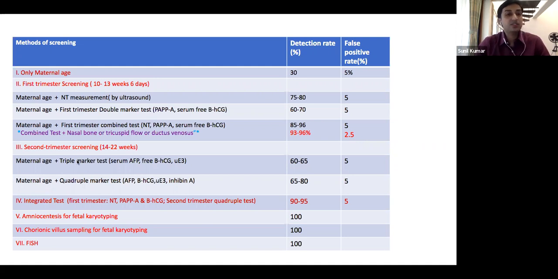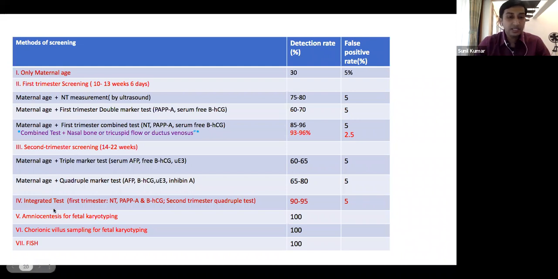Coming to the second trimester screening, which is done between 14 to 22 weeks, if we consider maternal age plus triple marker test without any ultrasound scan, then it is a 60 to 65% detection rate. If we do the quadruple marker test and consider maternal age, then the detection rate slightly increases, 65 to 80%.